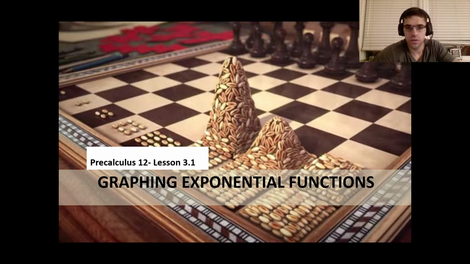He did not understand exponential growth, so he did not realize how much rice this man just asked for. If you have a calculator handy, you can do 2 to the power of 64, and I'm actually going to do that right now on my cell phone, because I don't know the exact answer myself. 2 to the power of 64 is a very big 20-digit number, so we're talking way beyond trillions, which is crazy.